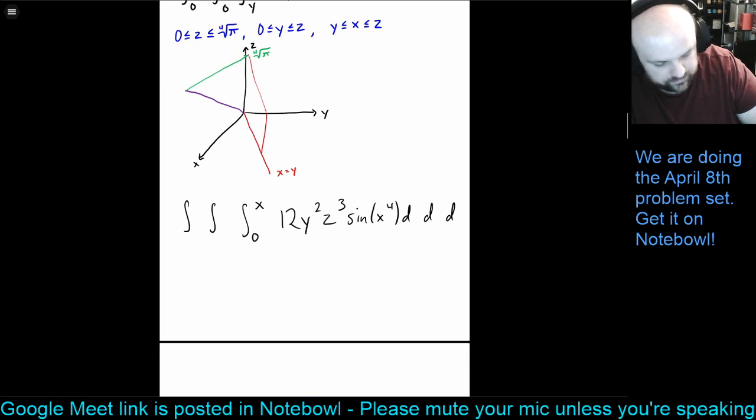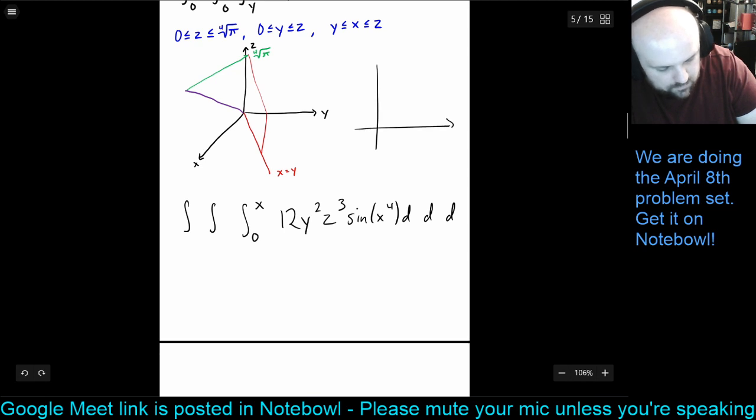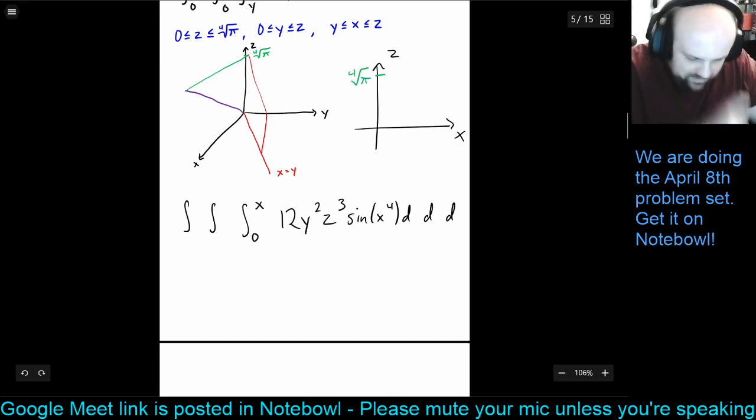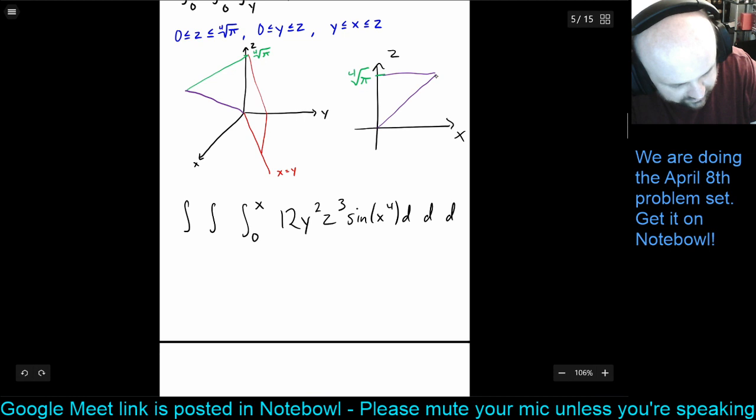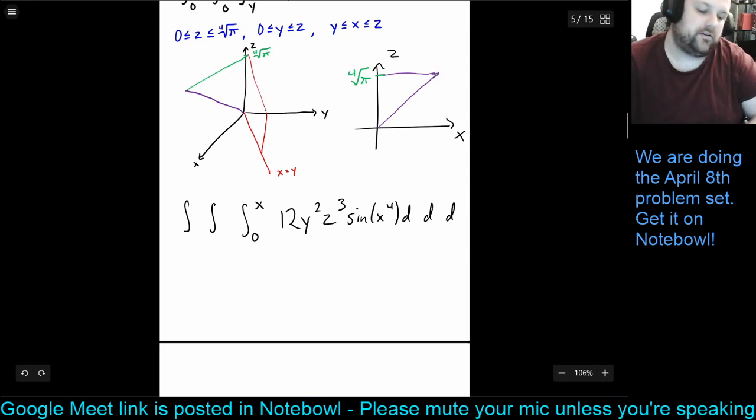It'll look something like x, z. Let's say here's our fourth root of pi. And then it'll be this shape.